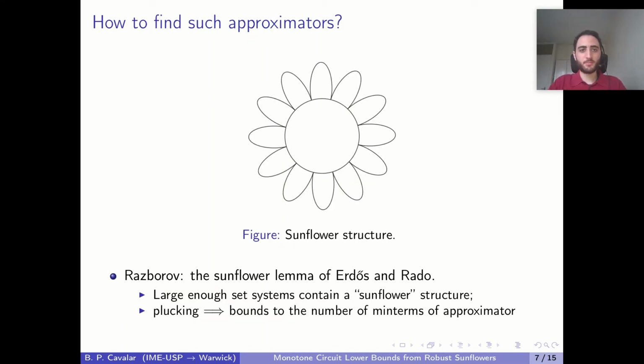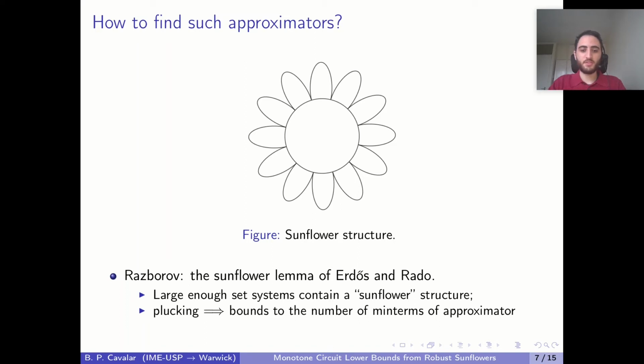So how to find such approximators? Razborov did that by considering the sunflower lemma of Erdős and Rado. A sunflower is just a set system where all the sets intersect at the same part, and they are all disjoint outside of this set. And Erdős and Rado proved that every large enough set family contains a sunflower. So this gives a bound to the number of min terms of the approximator by this procedure, which is called the blocking procedure.